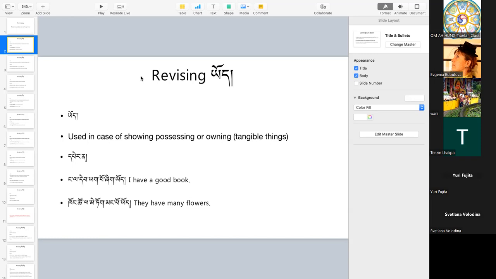You will see in later slides what I have added. So, ngala teb ya bushi yö. Right? Ngala teb ya bushi yö. I have a good book. Kongzo la me to mang bu yö. They have many flowers.